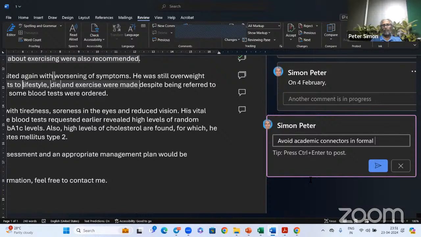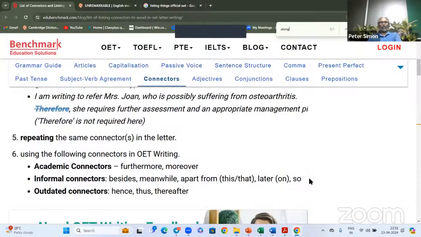Informal writing in OET, highly academic. Formal words you can use. It's highly academic, so avoid academic connectors. Avoid informal connectors besides meanwhile and apart.